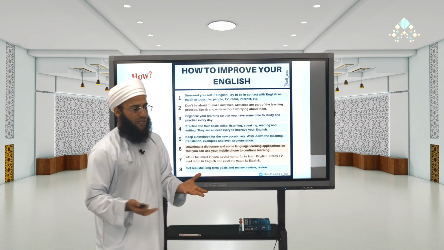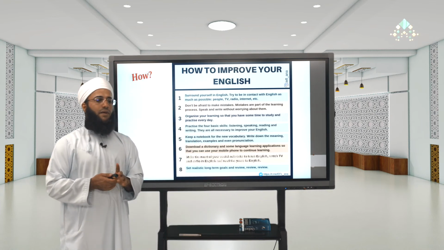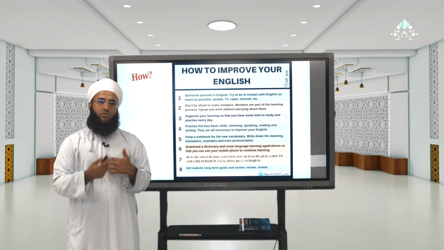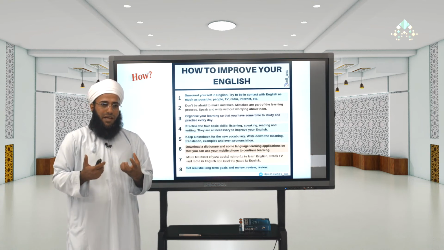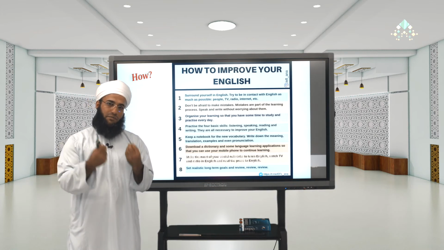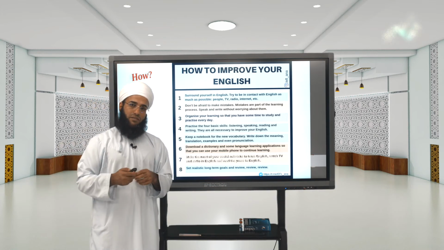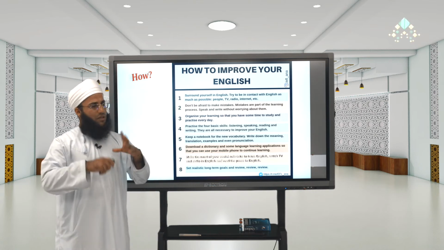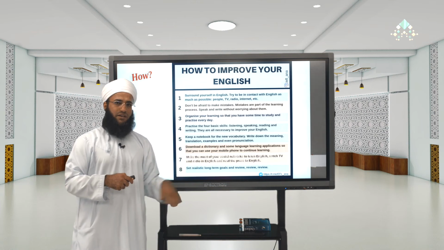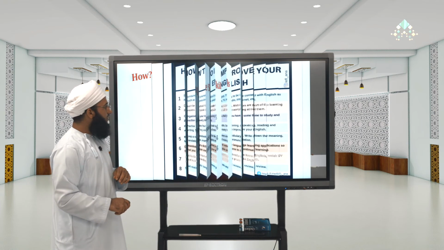You need to have goals, and we spoke about some today. And you can have your own as well. But you need to review because the language needs revision, exercises, and applications. So you need to practice this language. There are other ways to improve this language, but these are some recommended ones.